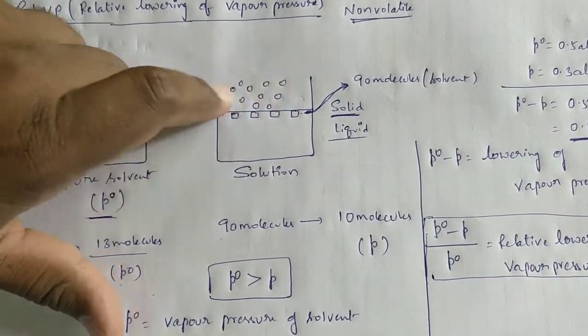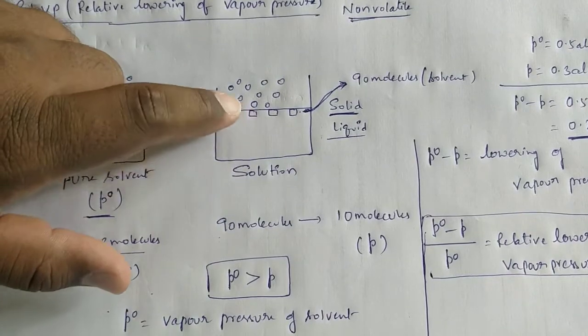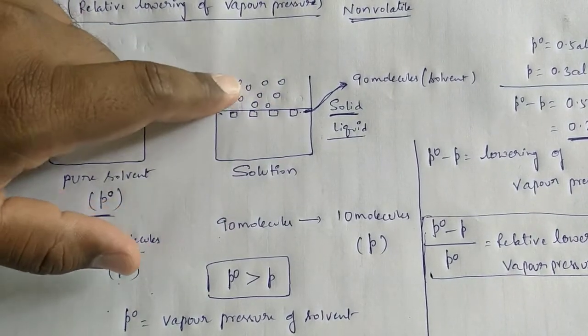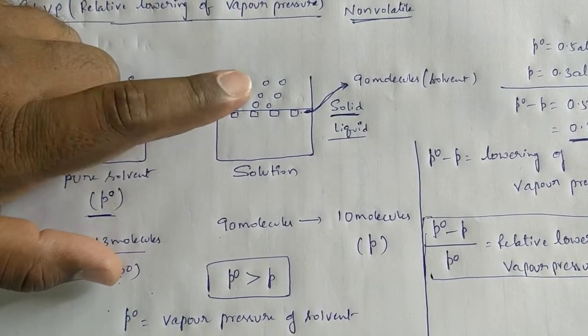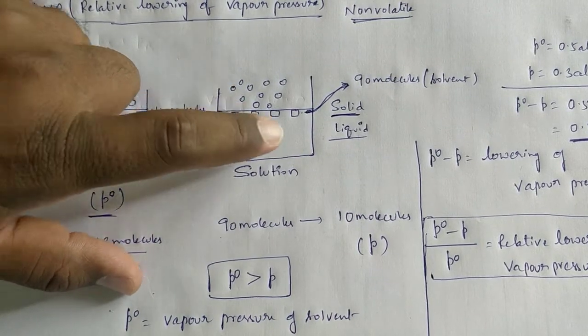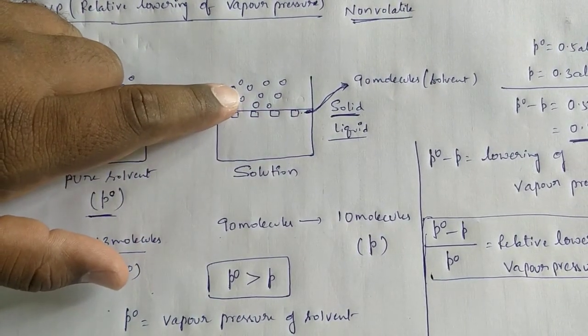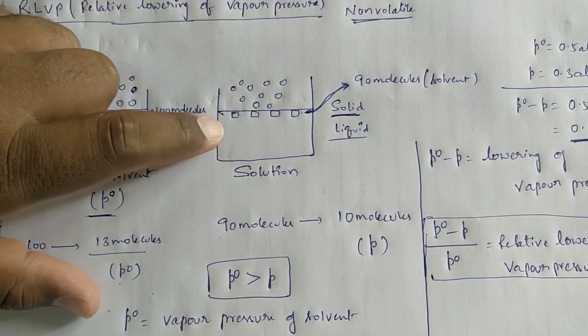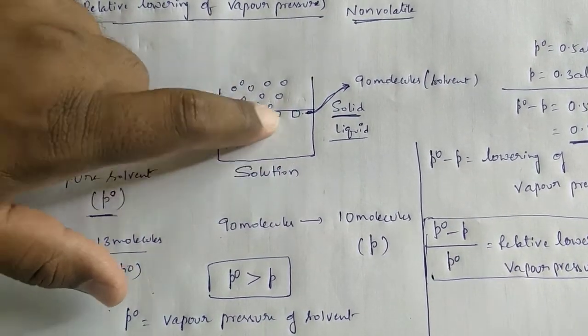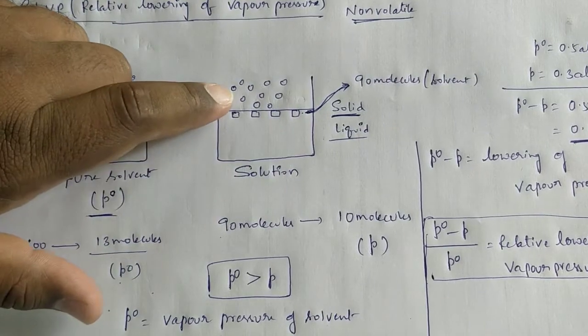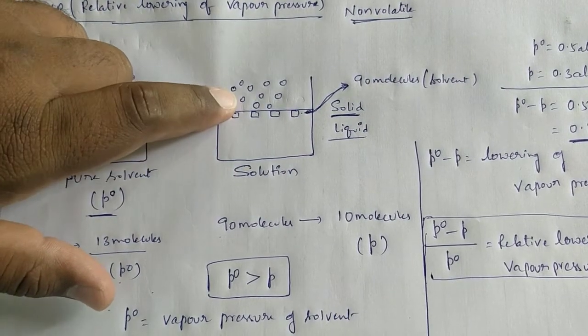This is the solution. This solution's vapor pressure is because of solvent molecules only, but as solute particles are present, the number of solvent molecules is affected. Solute particles are present in the liquid, so the number of solvent molecules is affected.